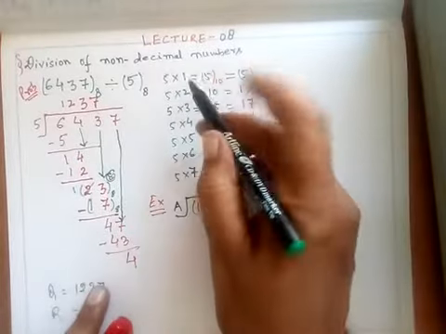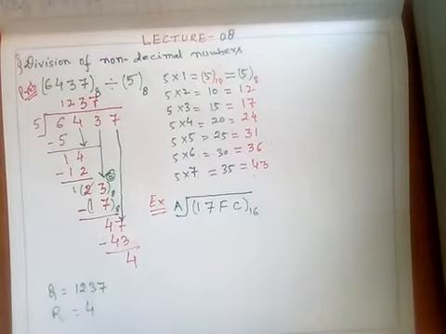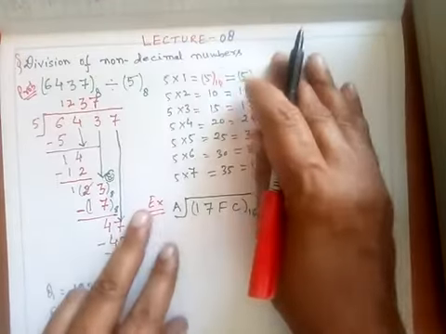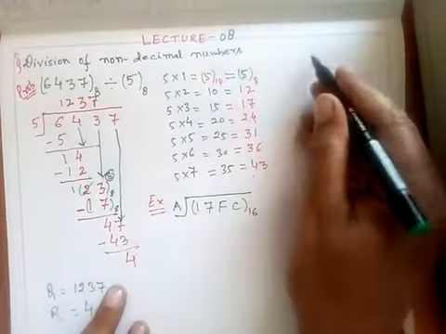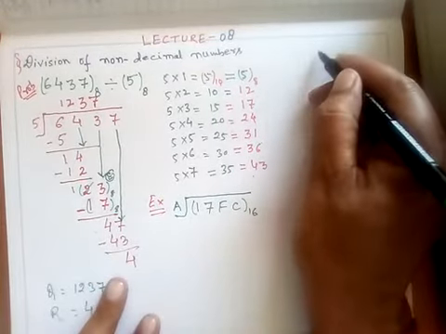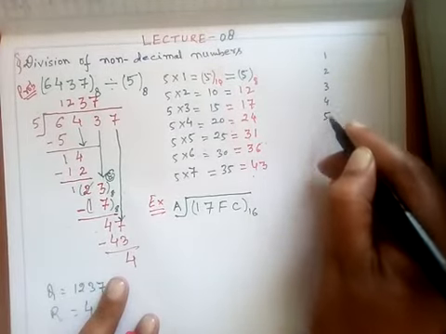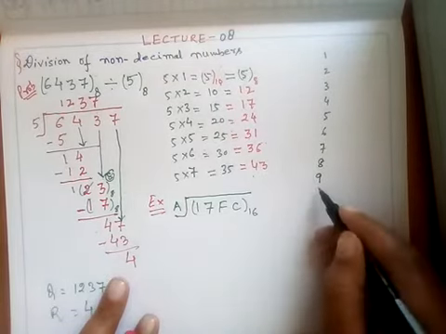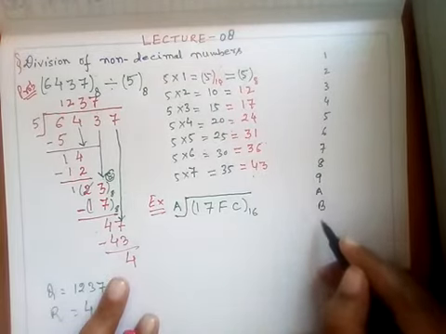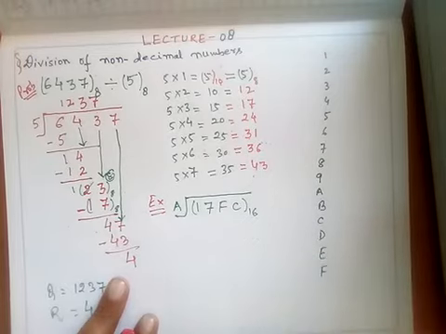Now as I did in the previous case, what I do first of all, what are the digits available in base 16? So the digits which are available to me in base 16 are, just see, apart from 0, you have 1 2 3 4 5 6 7 8 9, and then you have A, B, C, D, E and F. These are the digits available in hexadecimal numbers.